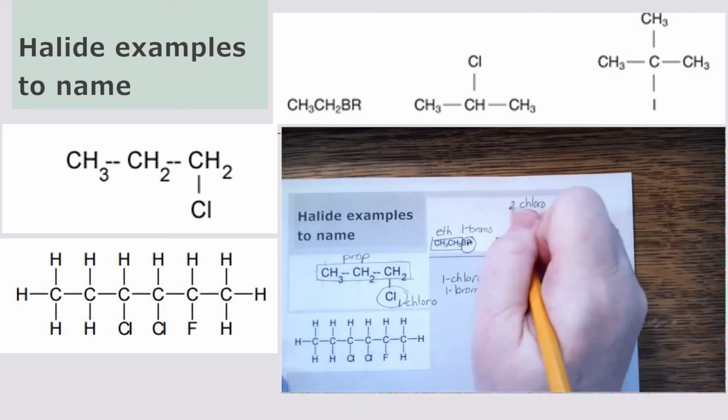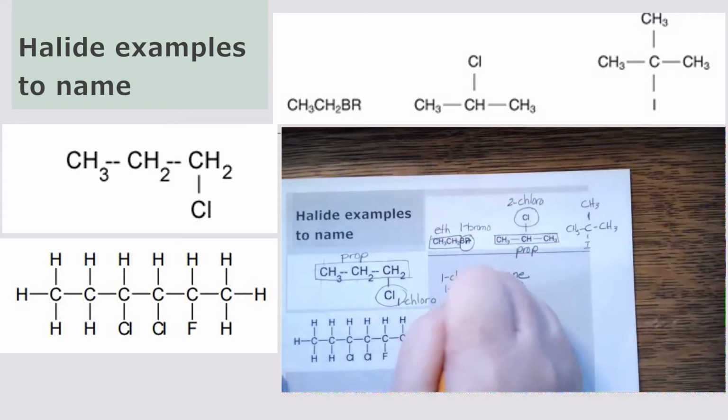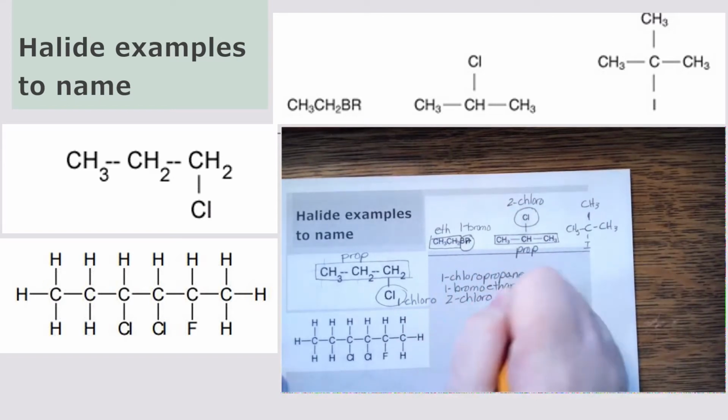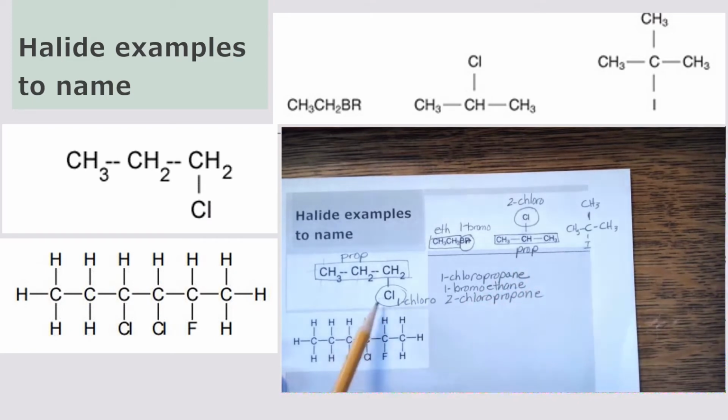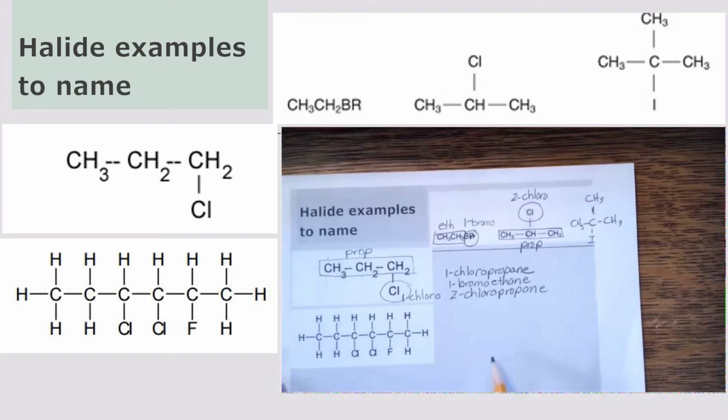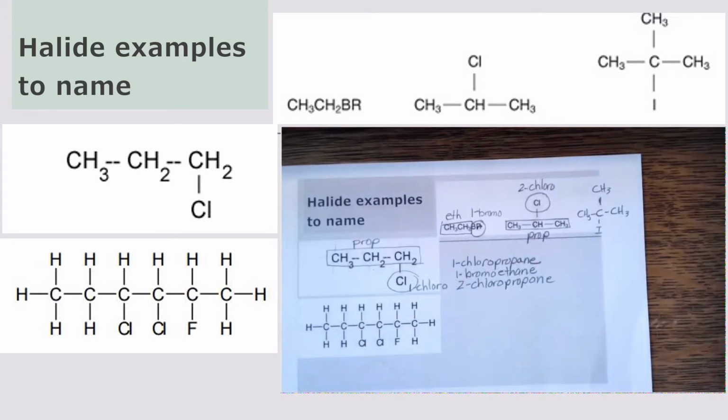So either way, it's 2. So this one is 2 chloropropane. Do you see how 1 chloropropane and 2 chloropropane only differ in their address? That's it.